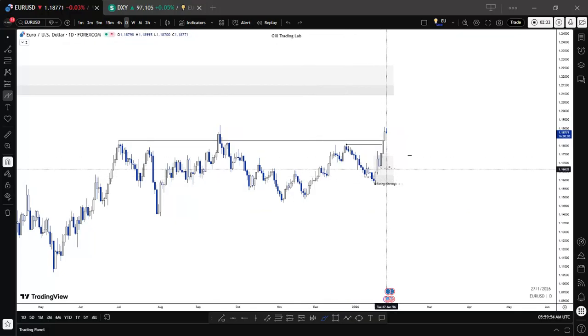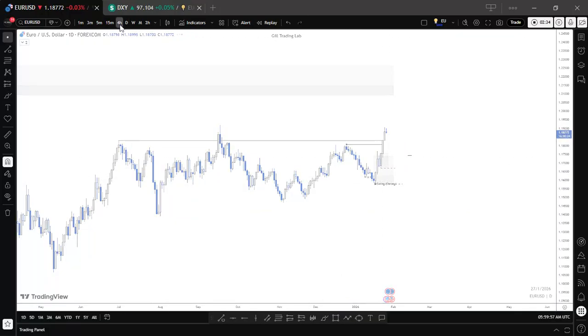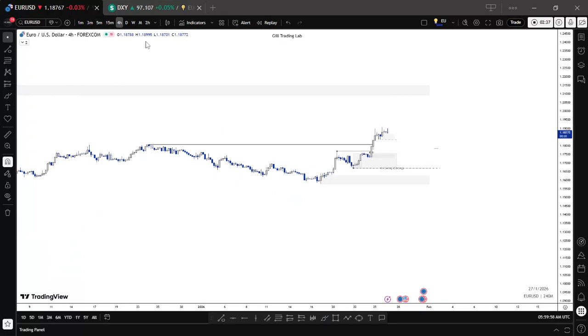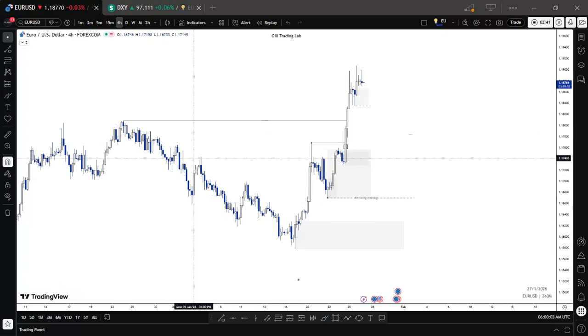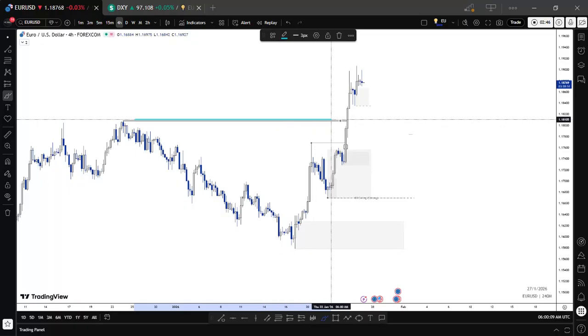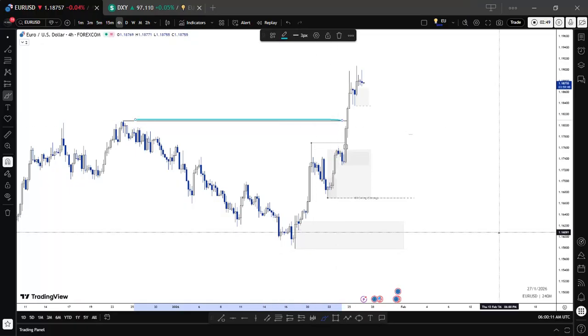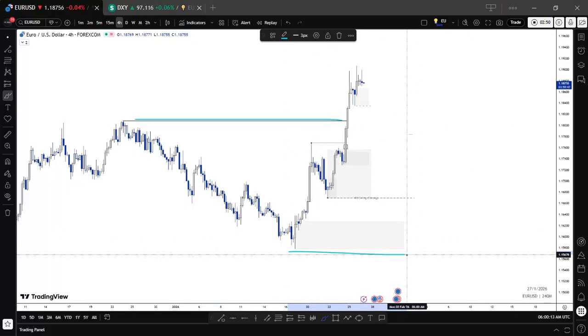Let's drop down to the 4-hour time frame. So on the 4-hour time frame, this line you see here is the daily swing low.